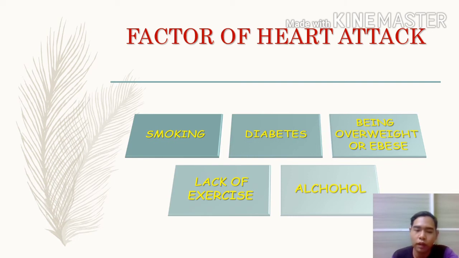Type 1 diabetes and type 2 diabetes can damage the coronary arteries. Furthermore is being overweight and obese. It could lead to increased blood glucose that causes damage to the coronary arteries.